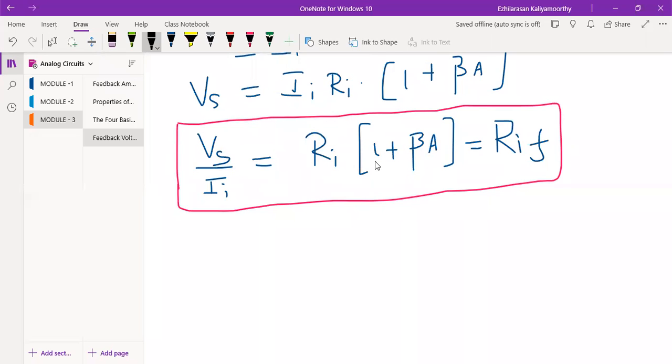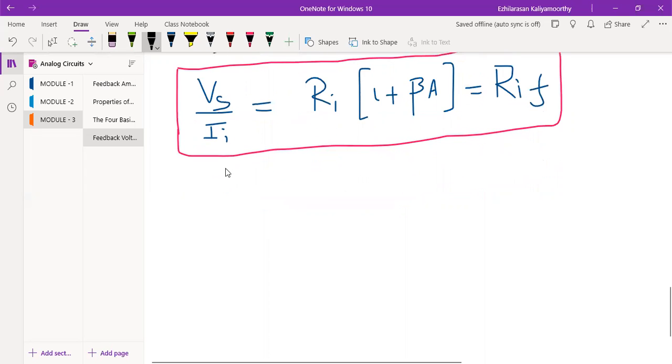It is clear from the derivation that the increase in Ri is a result only of the series mixing and is independent of the type of sampling. This is your RIF.